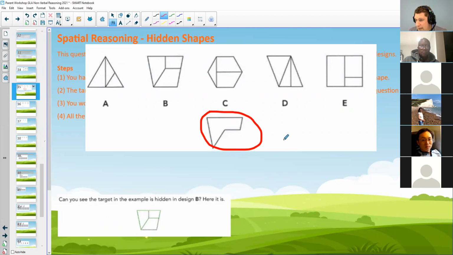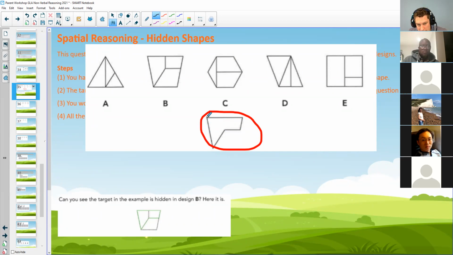What is important to recognize here is that in some of the questions, this target shape can be rotated. It's not flipped. It could only be rotated, but the size of the shape remains the same. Now, what will often happen with this style of question is they will hide lines inside to try and catch you out.